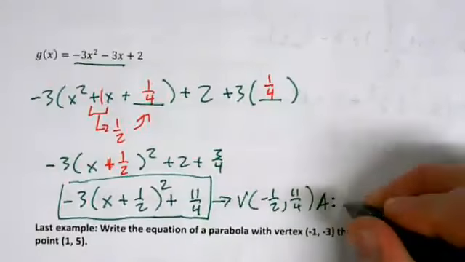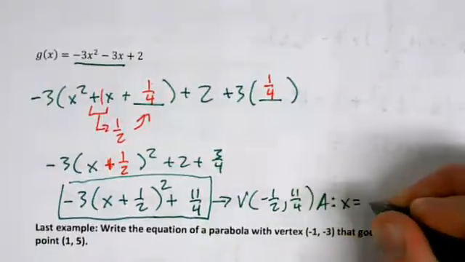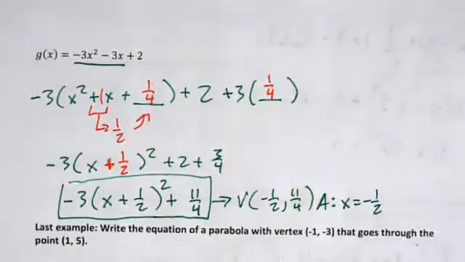X is not a point, it's an equation. Cool. Once we get to that point, then it's just a matter of writing down our vertex and axis. Hey, we're halfway done.